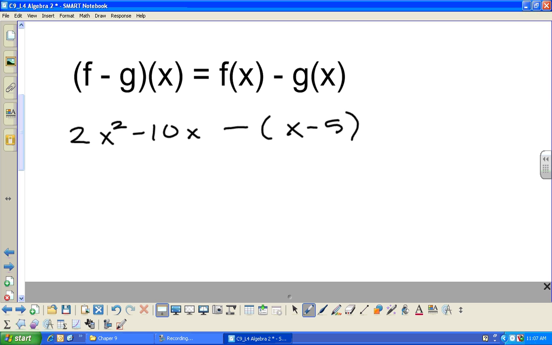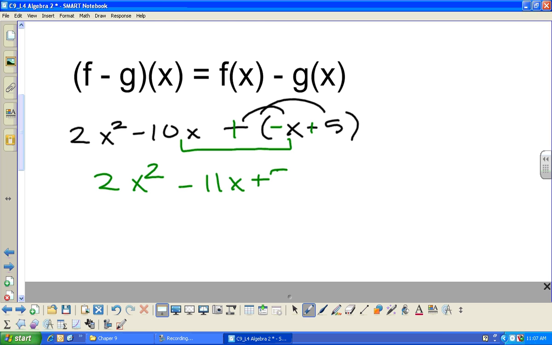And when we subtract functions from each other, I have to make sure to distribute my negative sign to everybody on the inside. I always just change this to adding and change my signs on the inside of the function and combine my like terms. So my final answer would be 2x squared minus 11x plus 5.